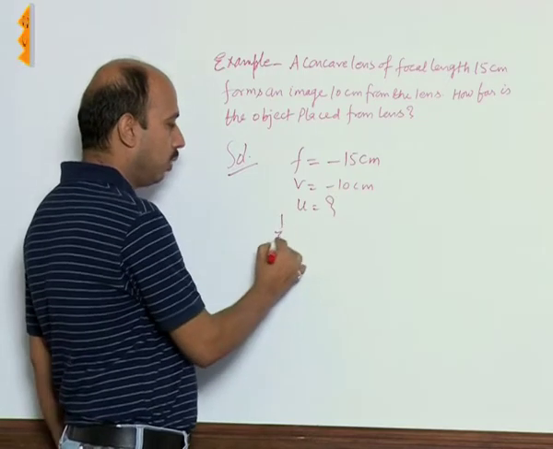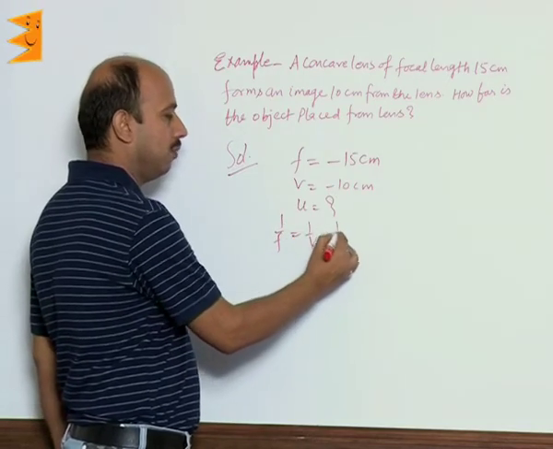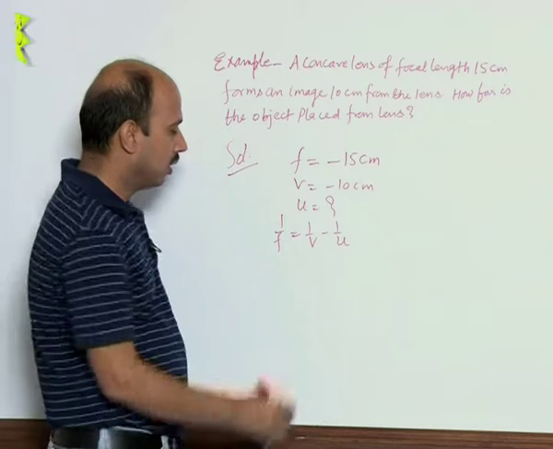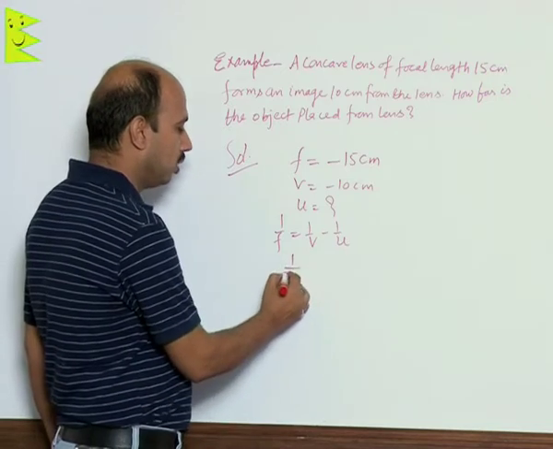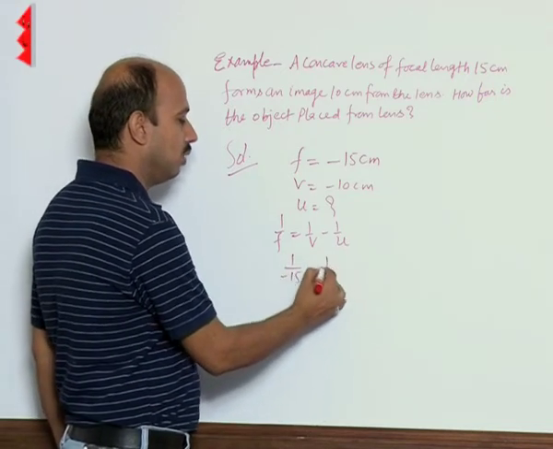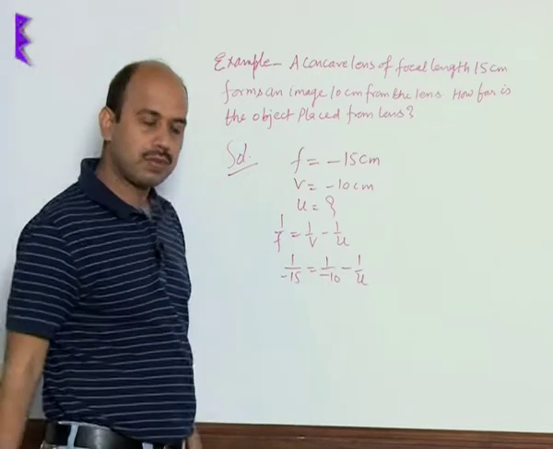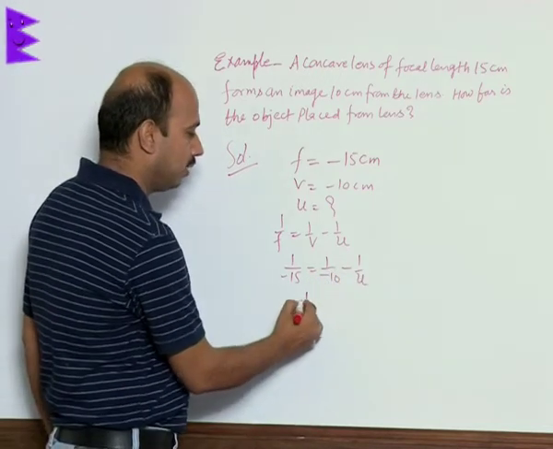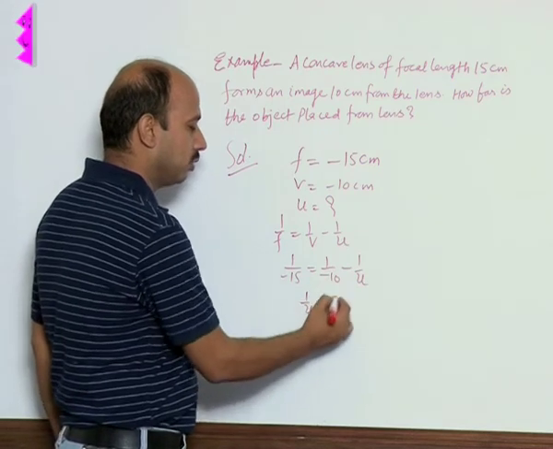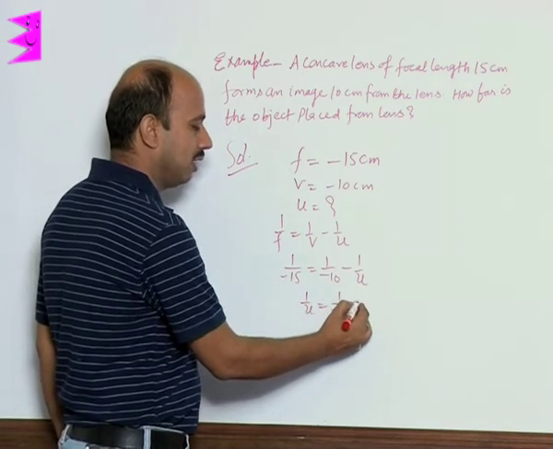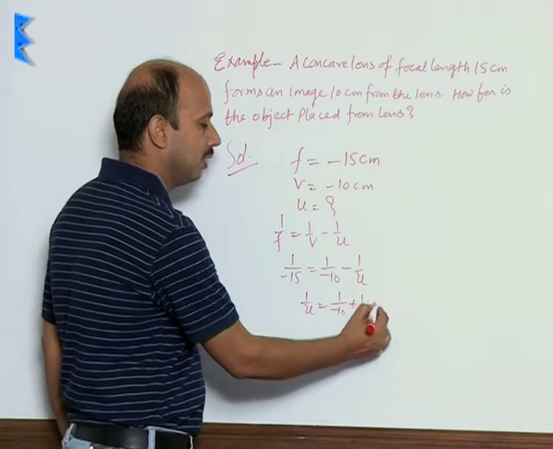You know this formula: 1 upon F equal to 1 upon V minus 1 upon U. This is 1 upon minus 15 is equal to 1 upon minus 10 minus 1 upon U. So, we can write 1 upon U is equal to 1 upon minus 10 plus 1 upon 15.